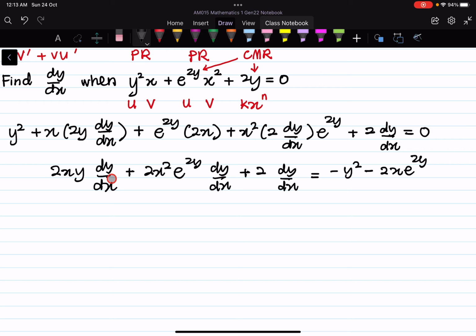So I'm going to factorize the dy/dx together with the 2 here.